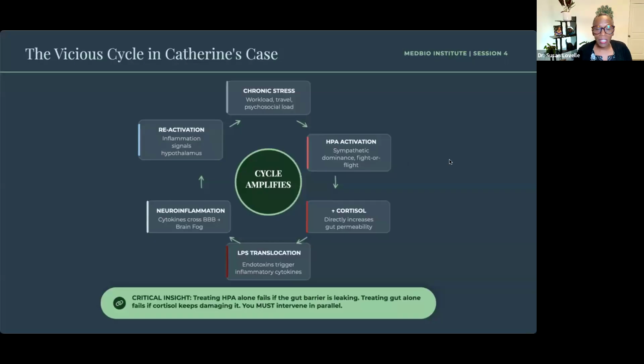Her cortisol level is obviously up, especially at night, which is affecting the gut permeability, the LPS translocation, those endokines, the neuroinflammation, and it's reactivating everything, which is then making her more stressed. So it's really this vicious cycle that has got to be stopped somewhere, because if it doesn't, it just spirals until it's out of control.